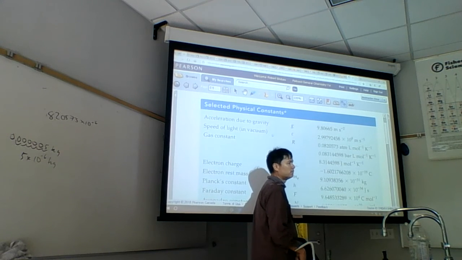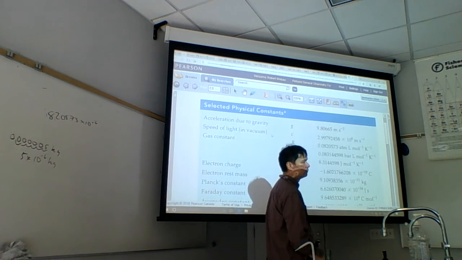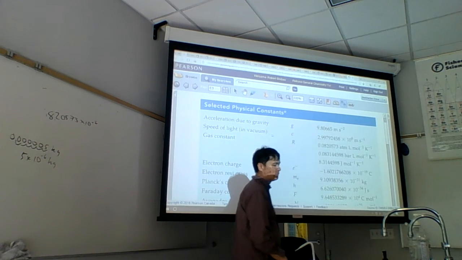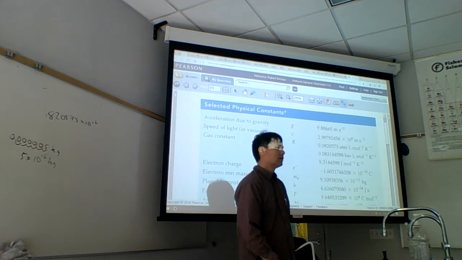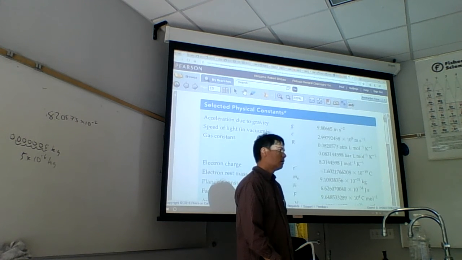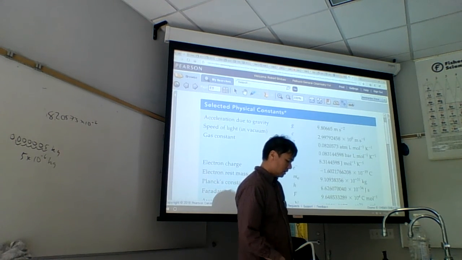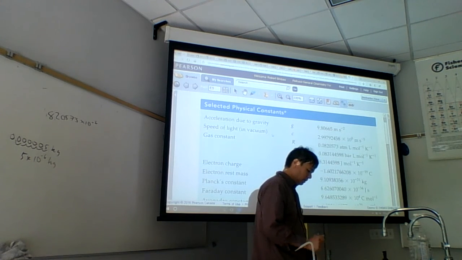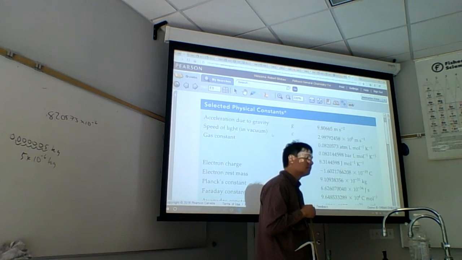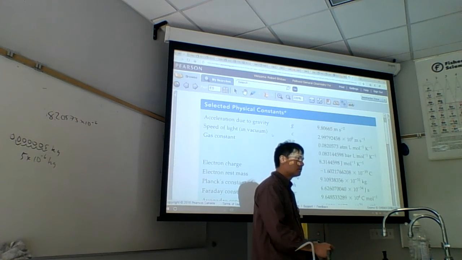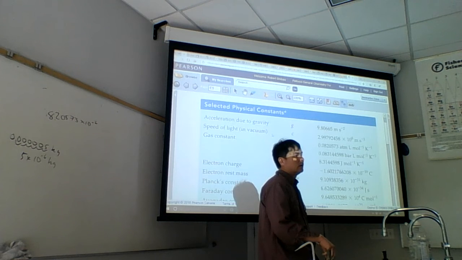I thought bar was the new standard. ATM was the older one. That's true. Bar is the new standard. So pretty much, bar is like the metric system, you know. ATM is like ours.